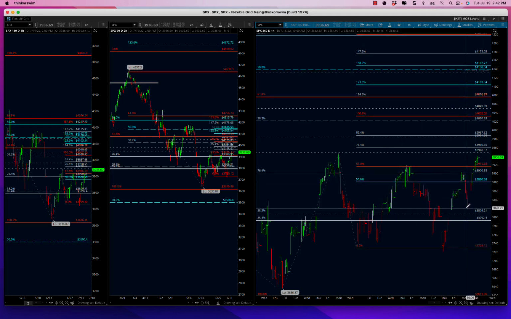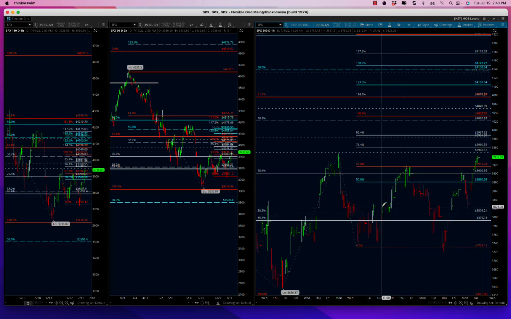Still needs a little bit more help. Found it just above a level that you drew from the monthly, right? So that monthly 3,800 is serving as good support back and forth. It found it, gapped it, held it, is looking for continuation.